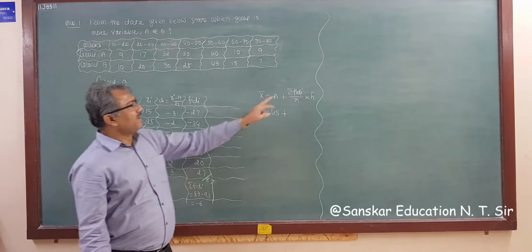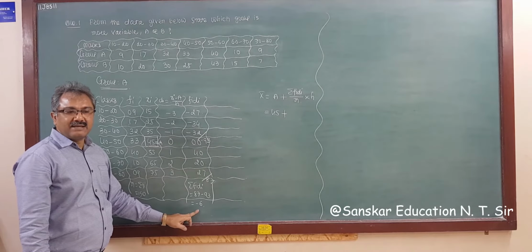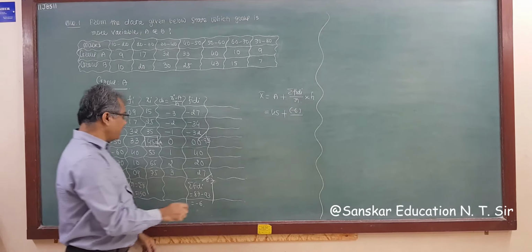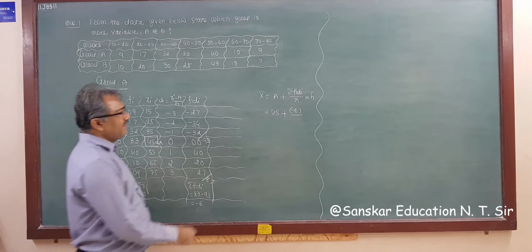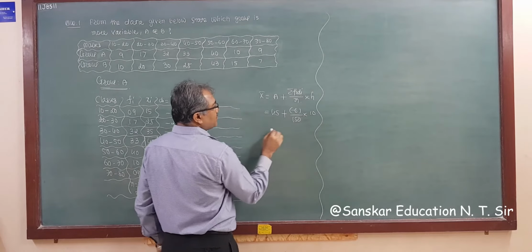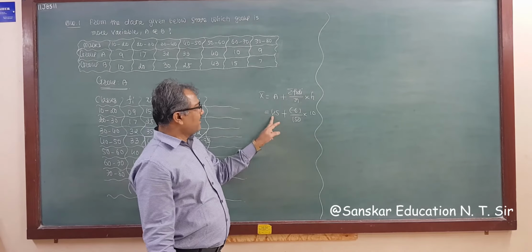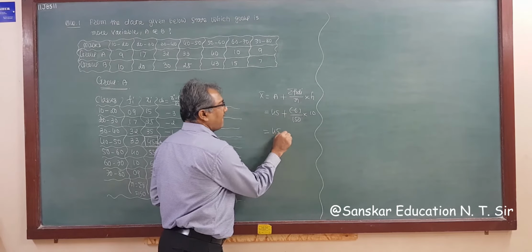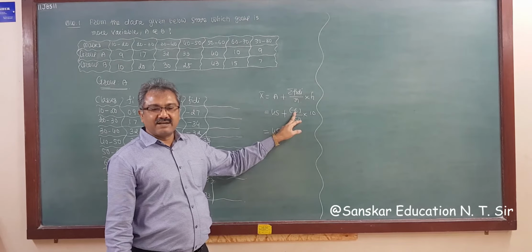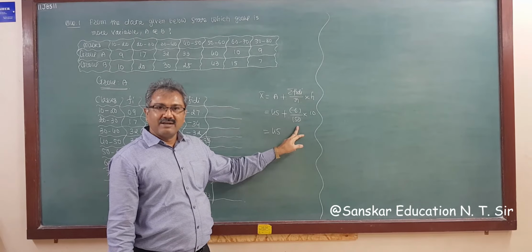Now sigma Fi Di is minus 6. So this is minus 6 upon the number of observations, that is sigma Fi is 150, into H is 10. Now this is 45. 10 into 6, 60.